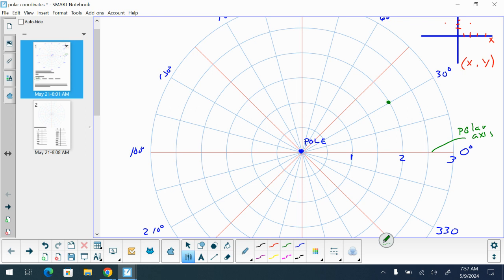Or you can think about going out 2 units and then rotating 30 degrees. Just like you plot the ordered pair x, y, you can go left and right x and then vertically y, or vertically y first and then x. So this would be the ordered pair (2, 30).